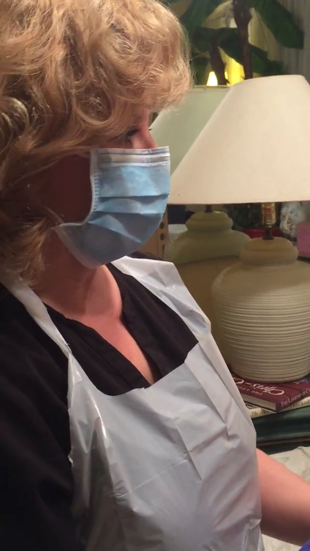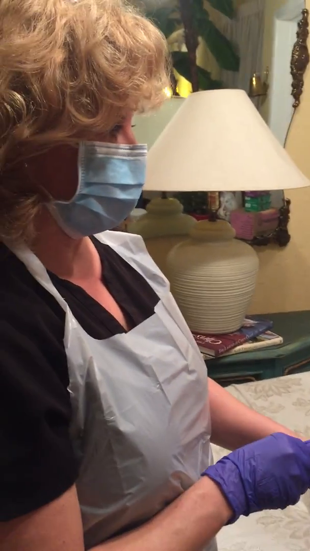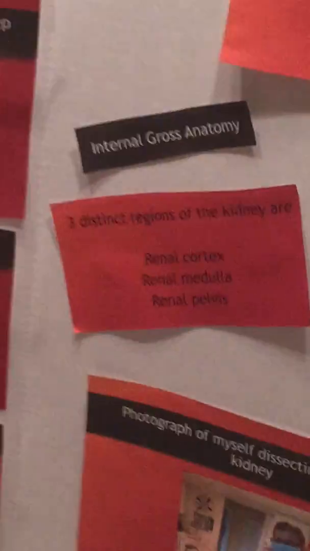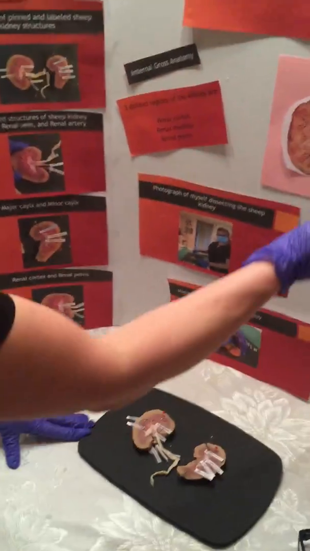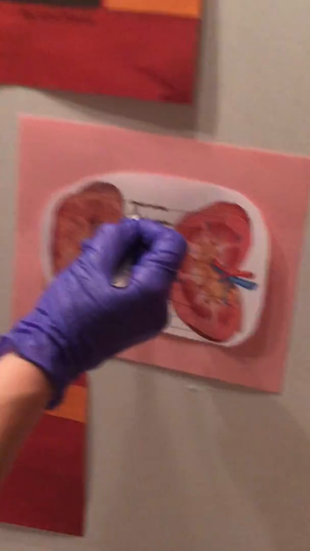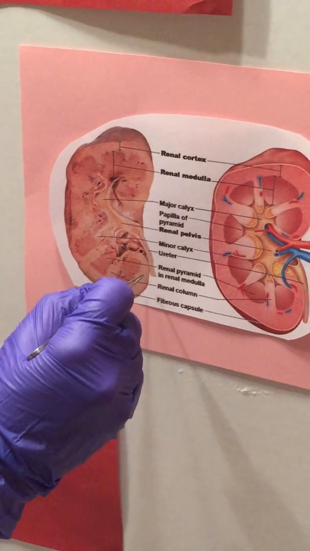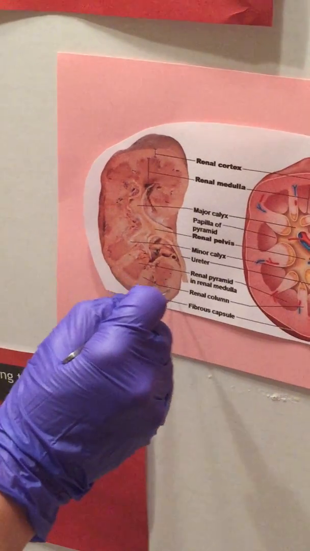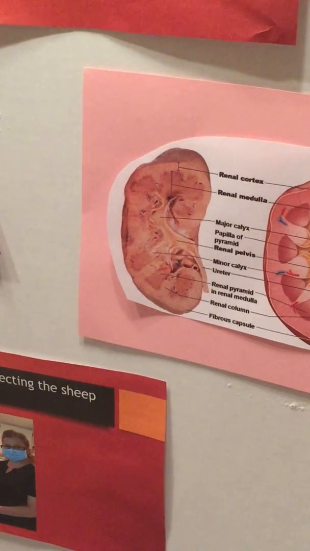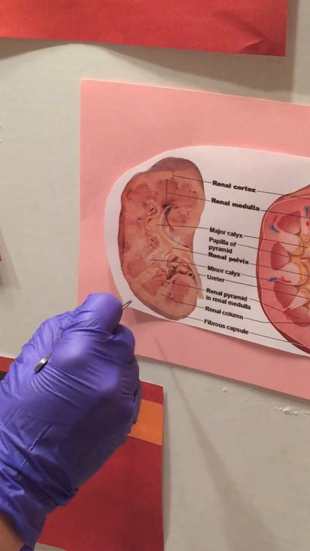And those are all the external anatomy of the kidney. And then there are also 3 distinct regions of the kidney. We have the cortex, the medulla, and the pelvis. You can see the renal cortex right here, which is all the lighter portion of the superficial region of the kidney. And it's a little granular in appearance.